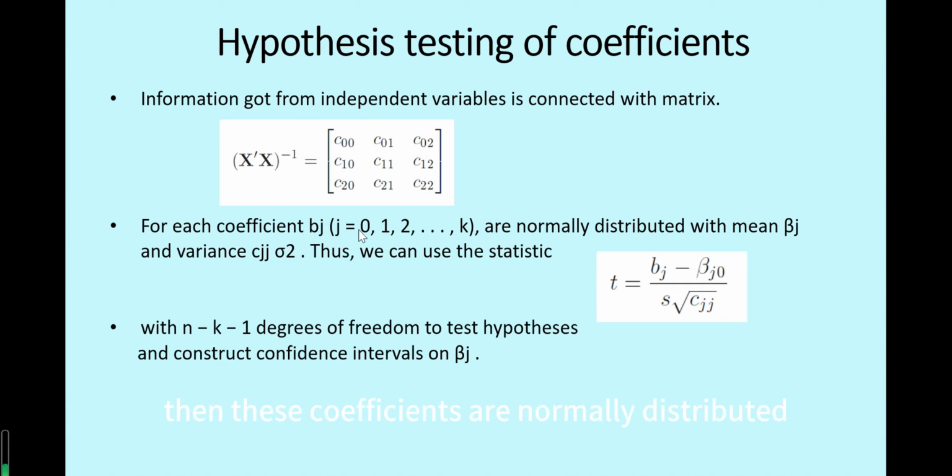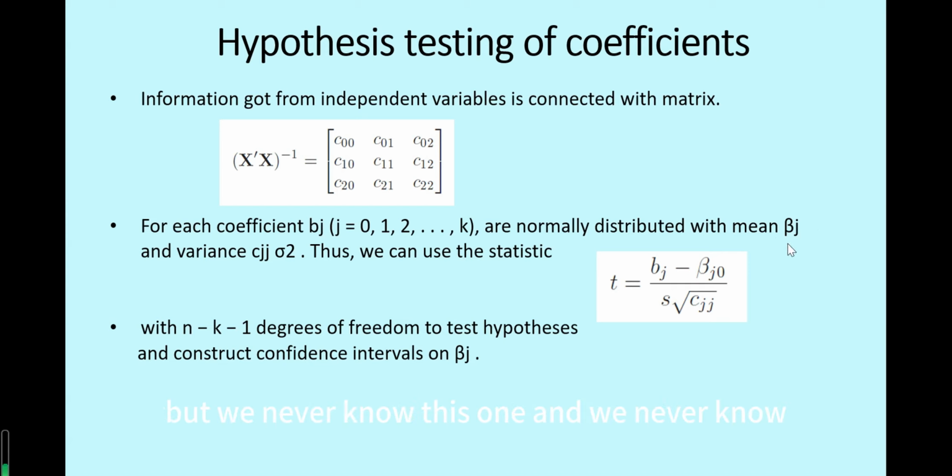These coefficients are normally distributed with the mean beta j, which is the real value in the regression model, and with a variance of cjj times sigma square. So cjj comes from this matrix. Each coefficient theoretically follows a normal distribution with the real value beta j, and this is the variance.